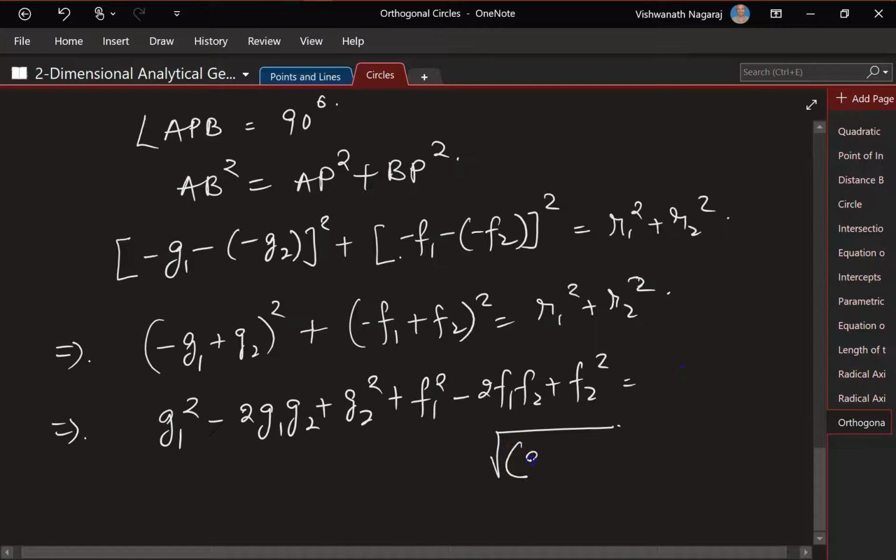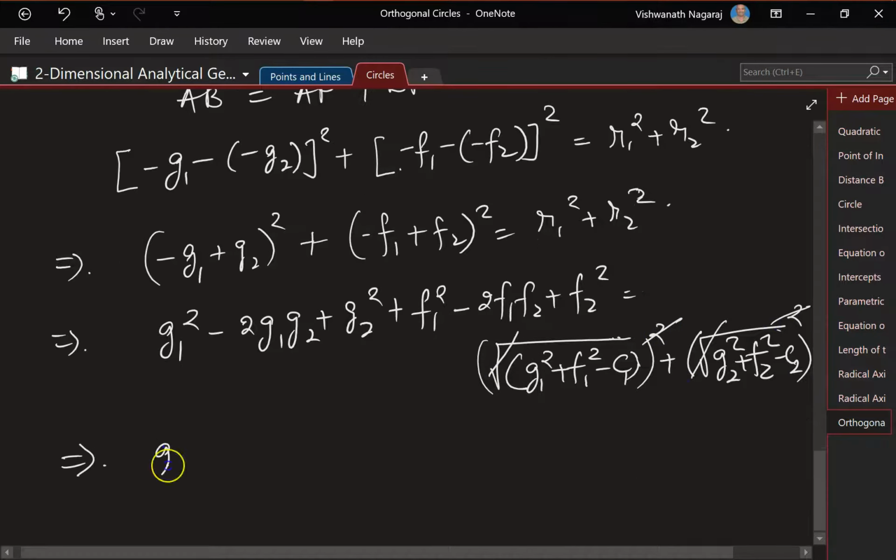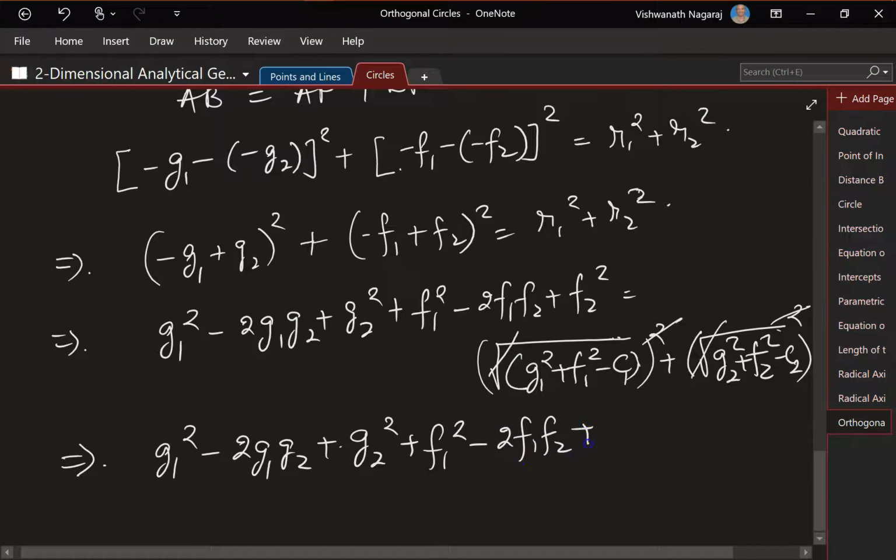R1 square is g1 square plus f1 square minus c1, plus g2 square plus f2 square minus c2, since the square root and square cancel. So g1 square minus 2g1g2 plus g2 square plus f1 square minus 2f1f2 plus f2 square is equal to g1 square plus f1 square minus c1 plus g2 square plus f2 square minus c2.